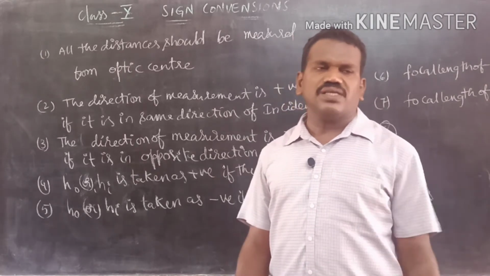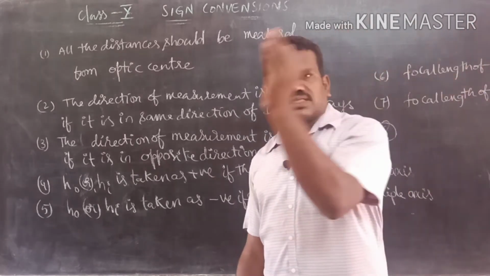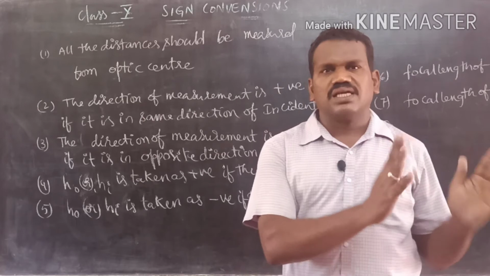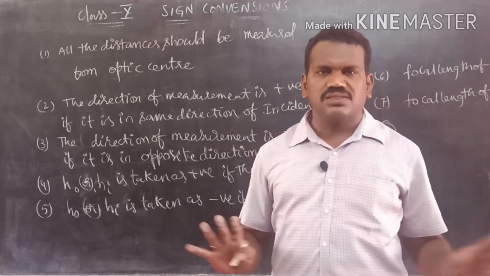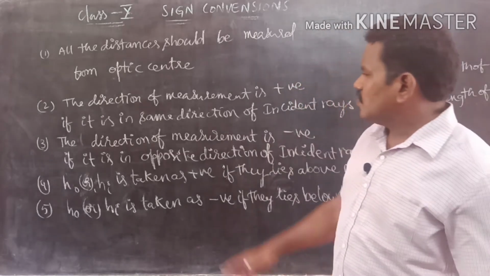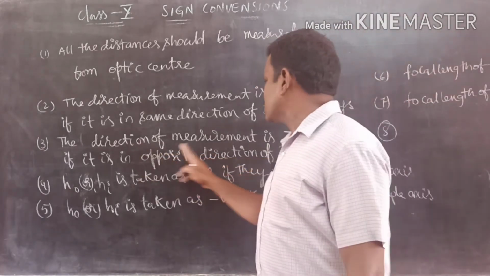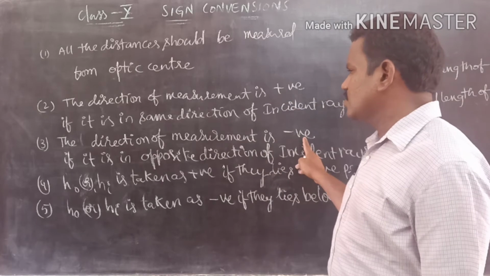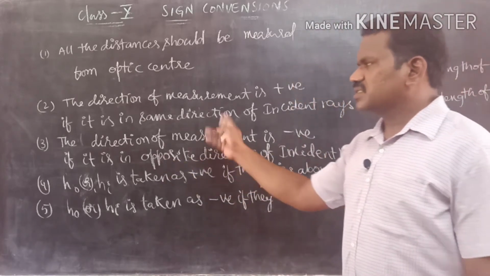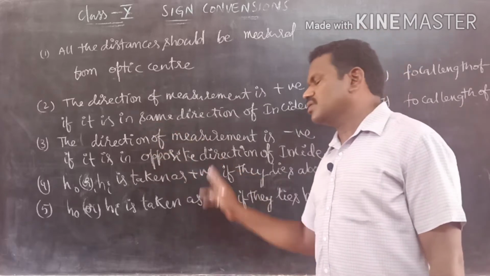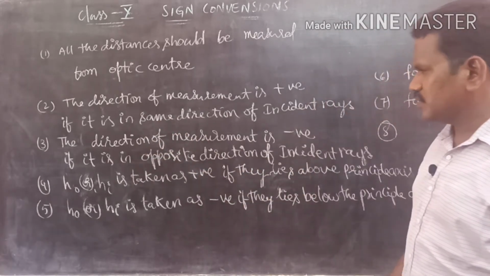So here the preference is given to the direction of incident rays and the direction of measurement. Object distance or image distance is not the criterion. One more: the direction of measurement is negative if it is in the opposite direction of the incident rays. Same direction positive, opposite direction negative.